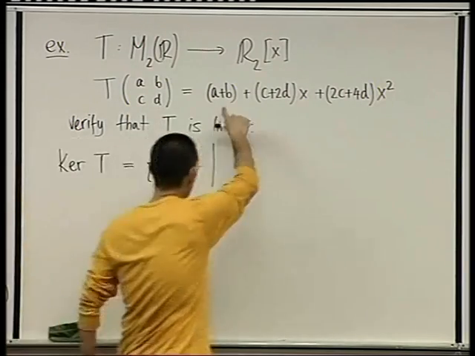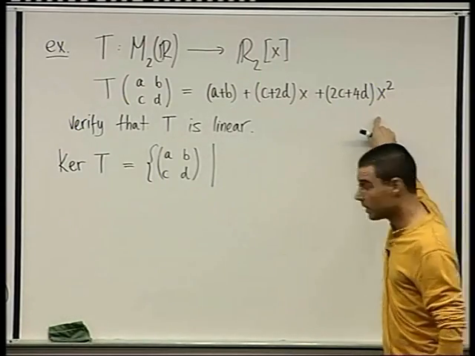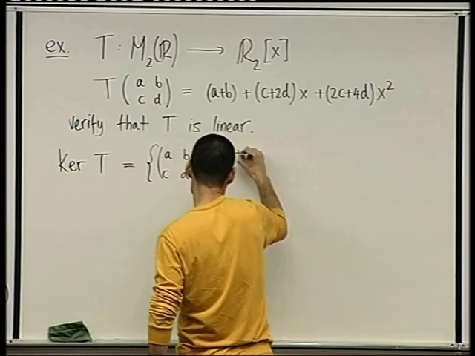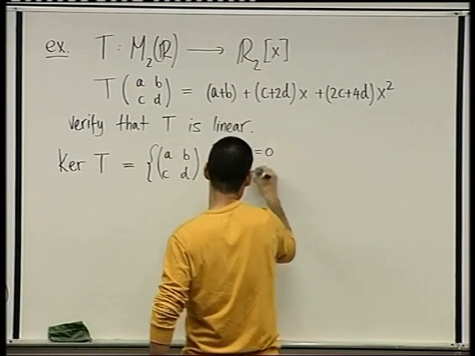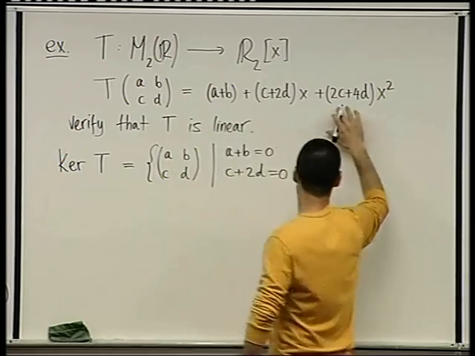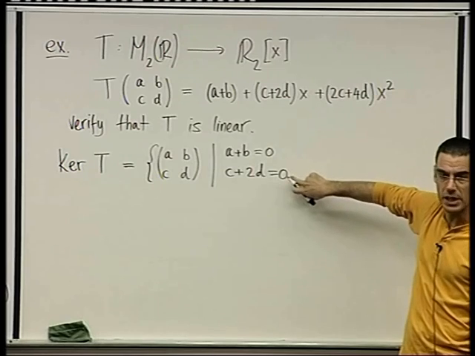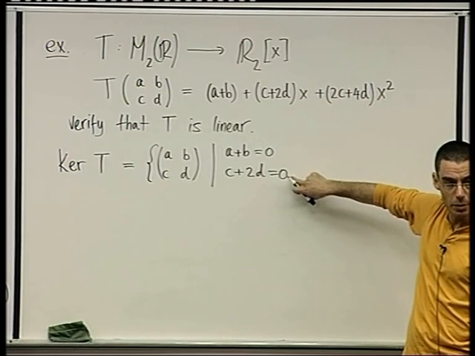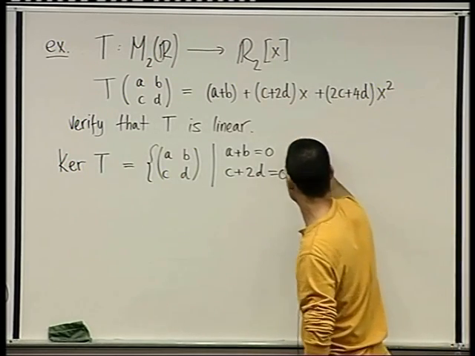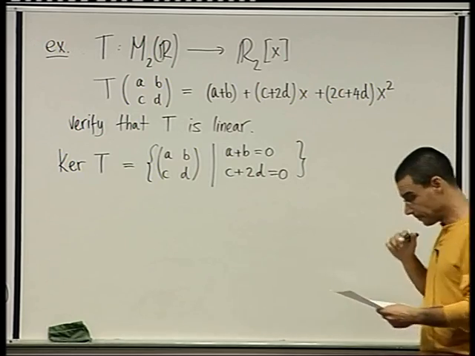When would this polynomial be the 0 polynomial? If A plus B has to be 0, C plus 2D has to be 0, and 2C plus 4D has to be 0, but that's already incorporated in the second requirement. Do you agree? So this is the kernel. Does everybody agree? Good? Okay.